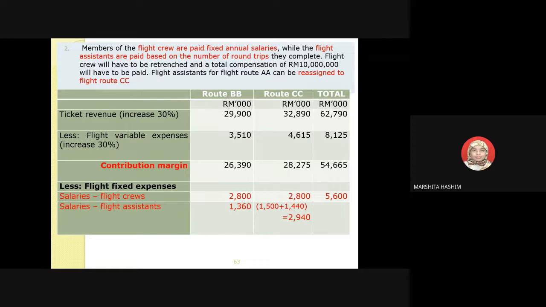Because if you look at note number 2, flight assistant for flight route double A can be reassigned to flight route double C. This one actually from double A, we assign under double C. Then we total up.